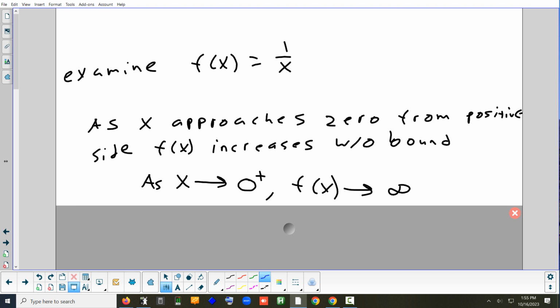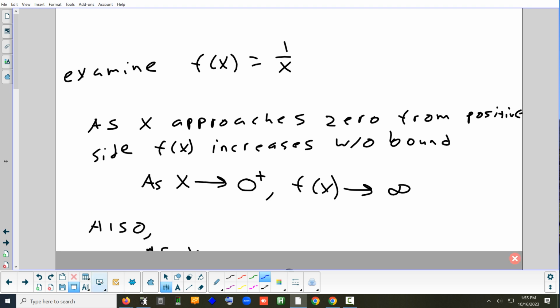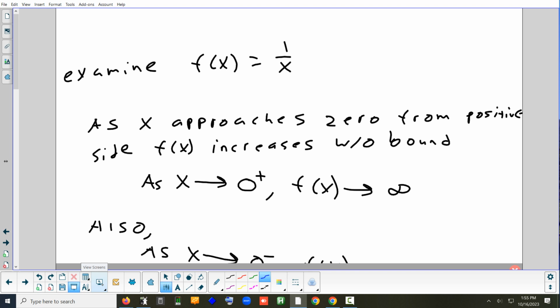When I said as x approaches 0, I said from the right side and from the left side. That's the symbol for the right side. This means as x approaches 0 from the positive side, and the positive side is the right side. As you start getting closer to 0 from the right side, y shoots up to infinity.